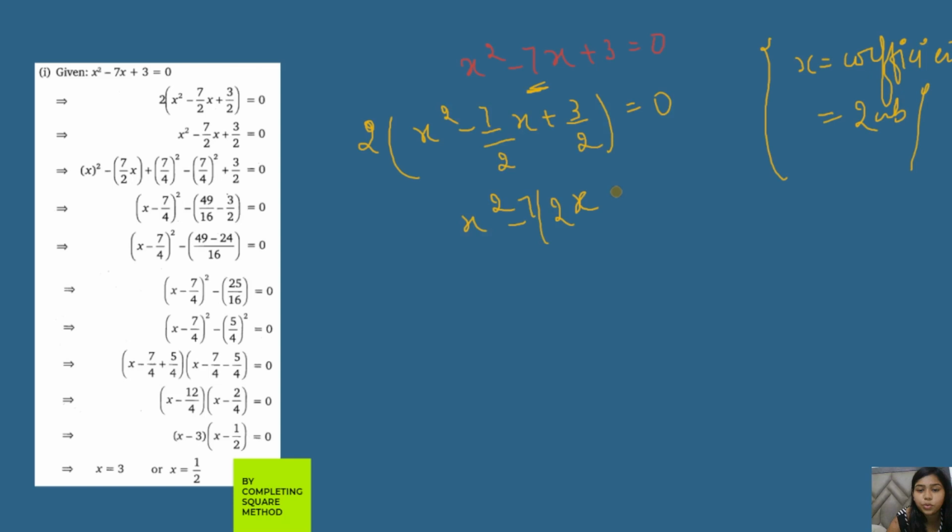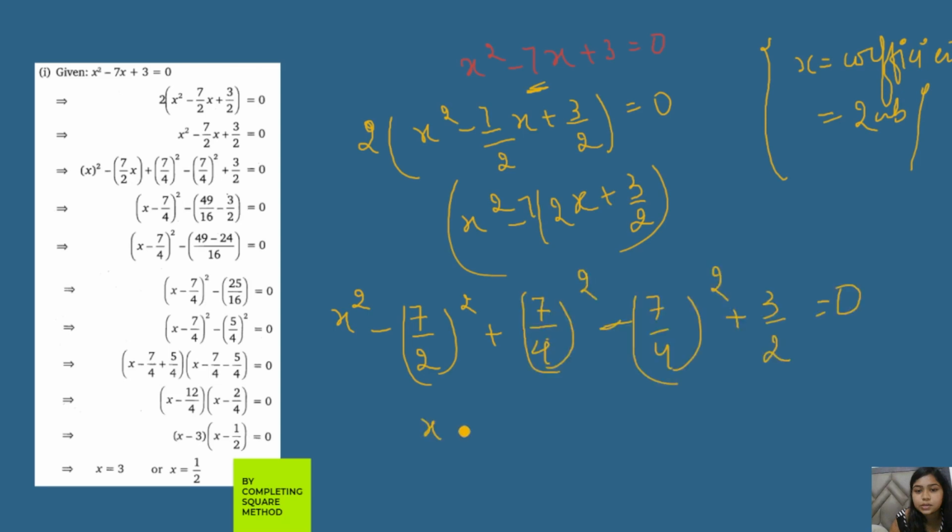So okay, now you can just do it. x square minus 7 by 2x, what I told you, just add and subtract the square of the half of this. So we are doing a similar thing, right? Now it is basically x square minus 7 by 2x.